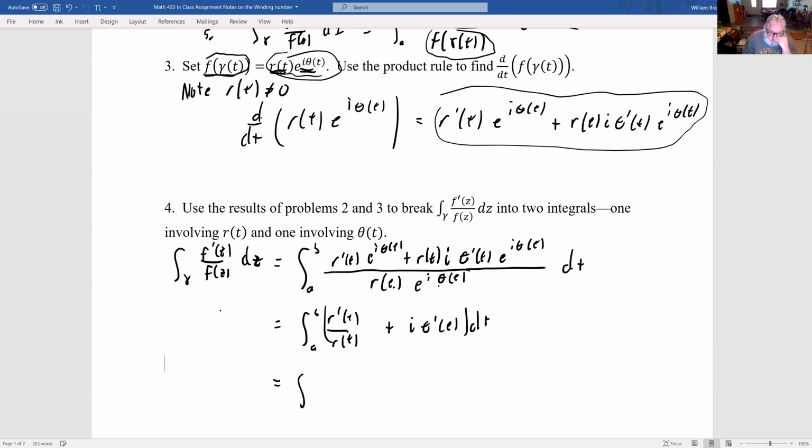So we end up with two integrals, a, b, r prime of t over r of t dt plus i integral from a to b theta prime of t dt. That's an i out front.